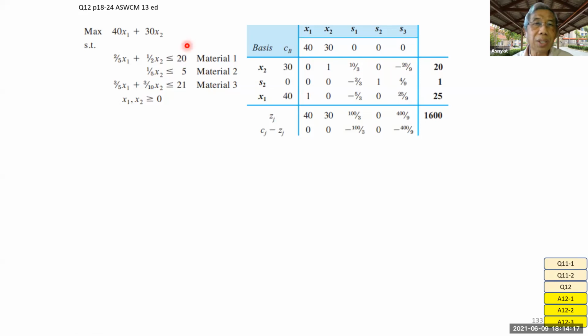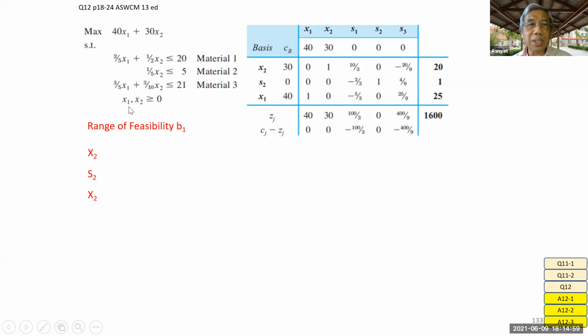Now B1: how much can this go up, and how much can this go down? Let's find the range of feasibility for B1. It means we want to know this one. So how do we do it? I think you may not remember the formula. Never mind. Look at this arrangement: x1, s2, x1.